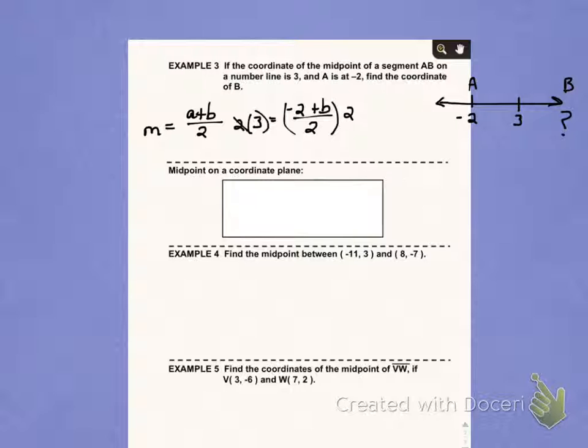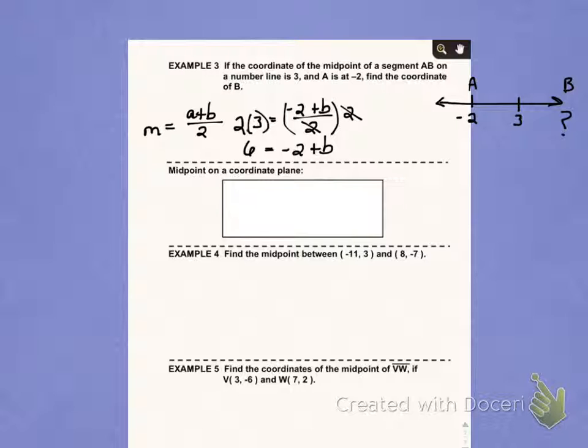This 2 cancels, and 2 times 3 will be 6 equals negative 2 plus B. And I need to take away that cross out mark so it's not confusing when you go back and look at notes. We multiplied by 2 on both sides. These 2's on the right canceled.